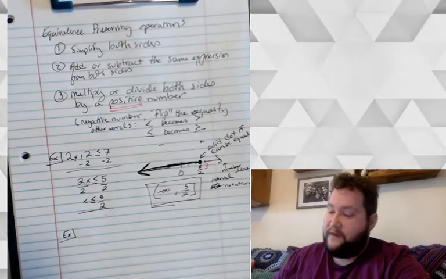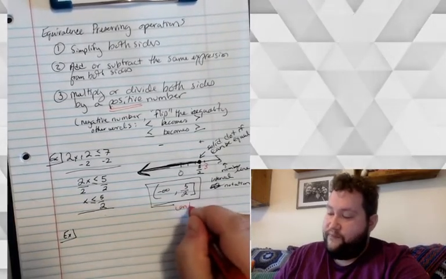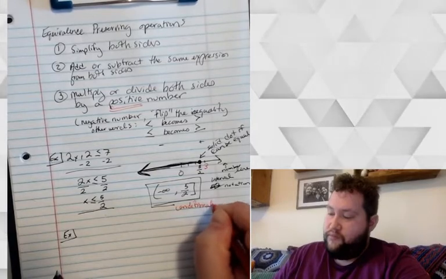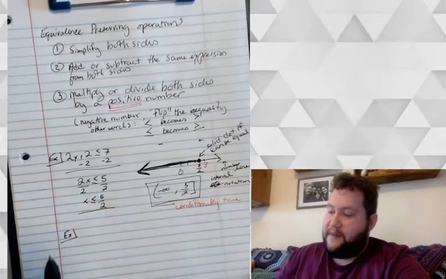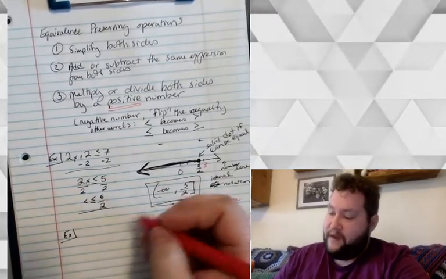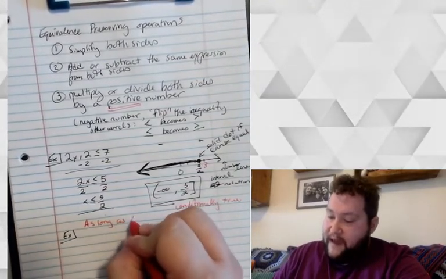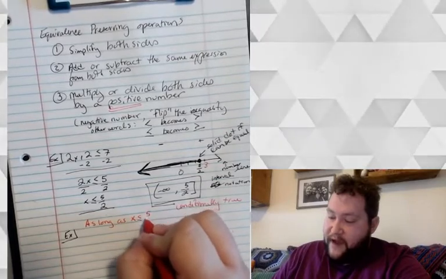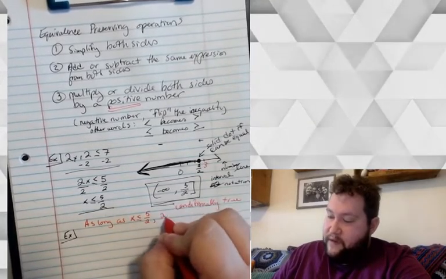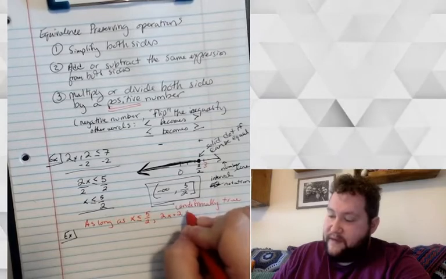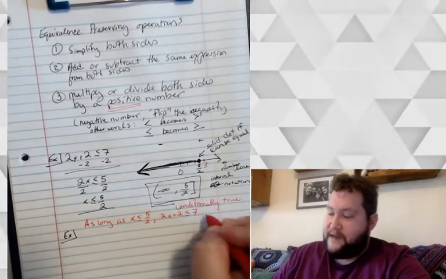So this one is conditionally true. That means, and I'm going to put this in words, as long as x is less than or equal to 5/2, 2x plus 2 is less than or equal to 7.